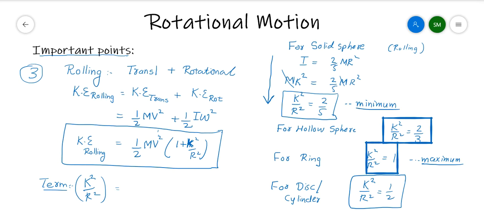For the solid sphere it is 2 by 5, which is equal to 0.4. So 0.4 is the minimum value among all these values. So remember, the value of k square by r square is highest for the ring and it is least for the solid sphere. I hope you got this point.